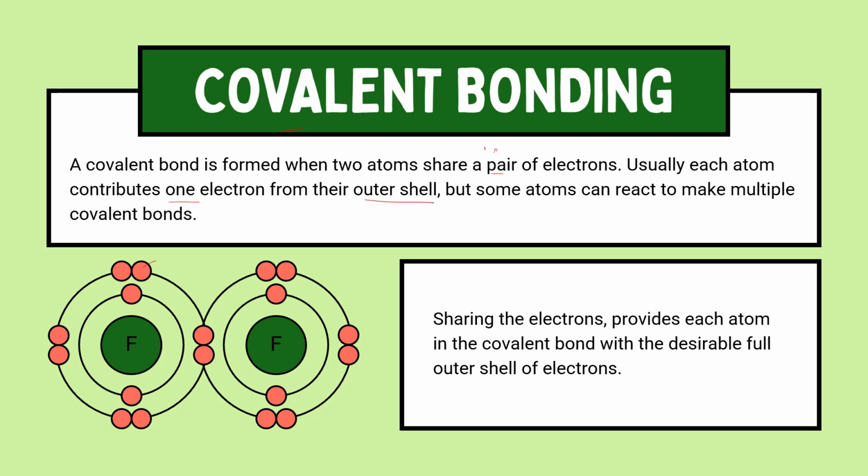But some atoms can react to make multiple covalent bonds. Sharing the electrons provides each atom in the covalent bond with the desirable full outer shell of electrons. So each atom shares from the outermost shell to form a covalent bond.